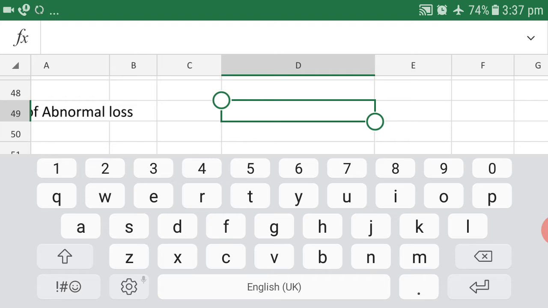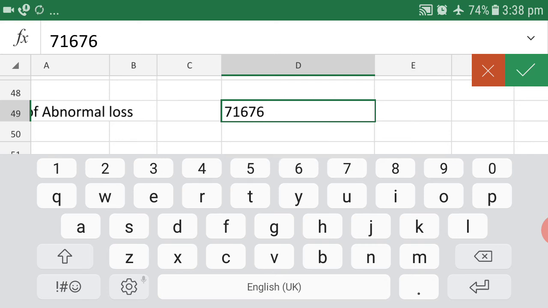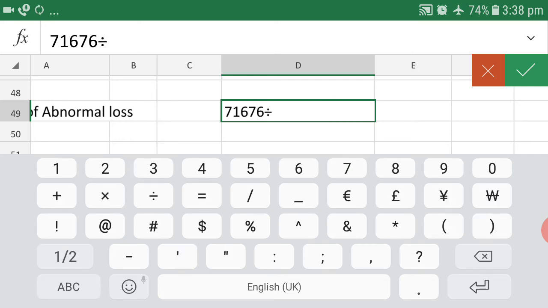Then we get the net figure 71,676, divided by normal output in units, 18,525, into abnormal gain in units, 275.